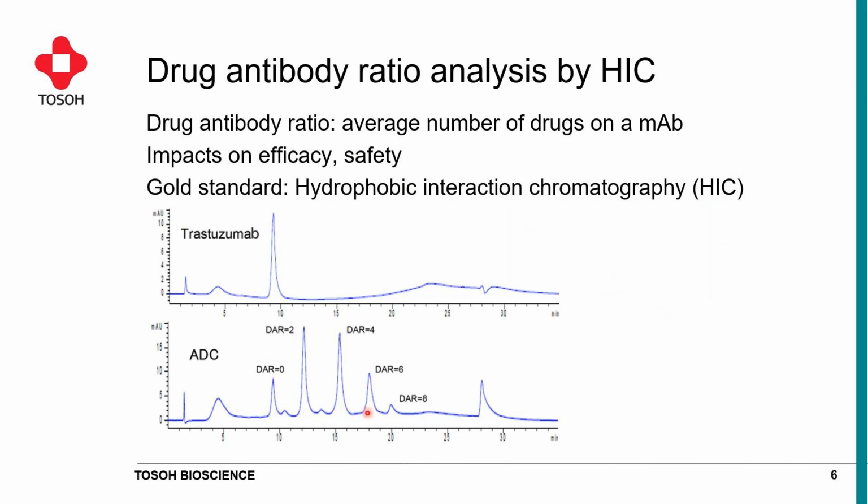This way you can determine how many drugs are on average attached to your antibody molecule, the drug-antibody ratio. This works by looking at the peak areas, adding them together and calculating the average DAR.